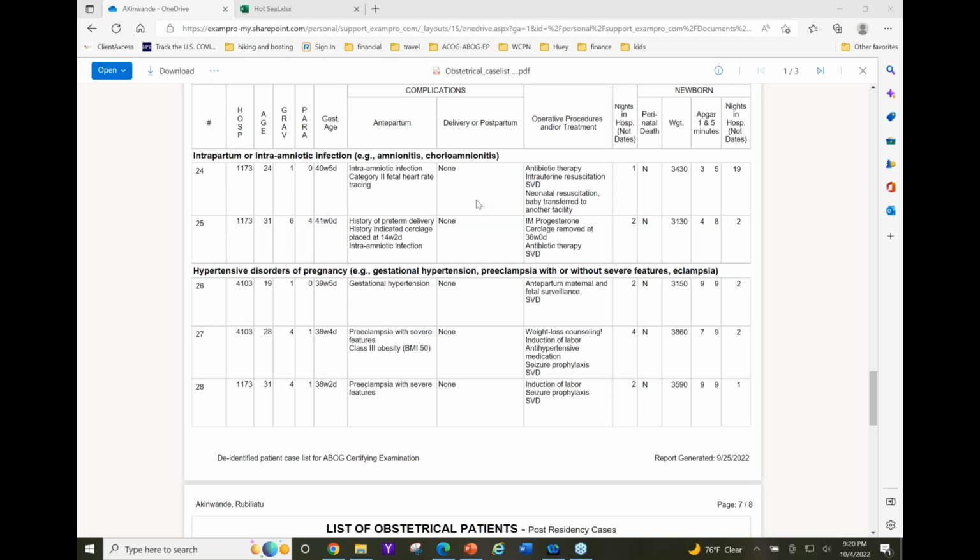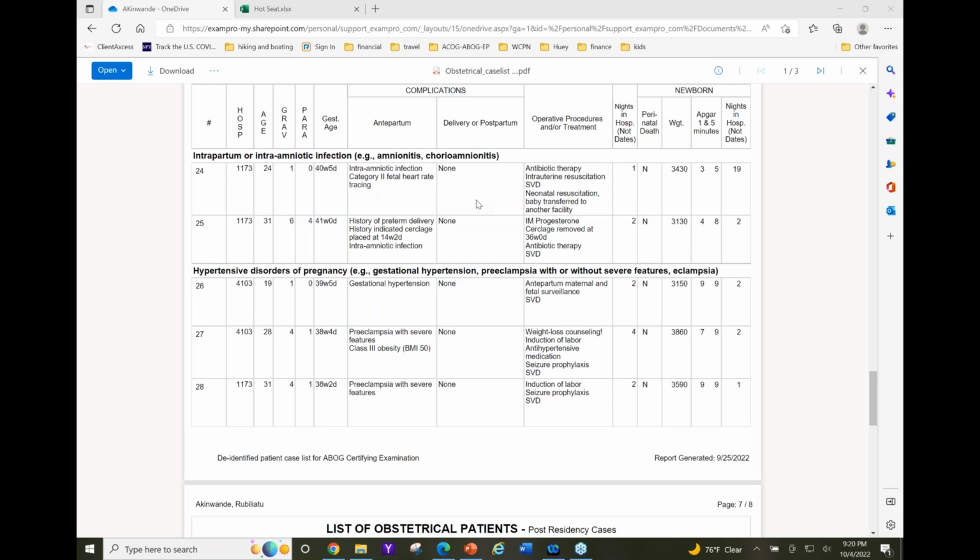What's the other A? I'll come back to the other A. And respiration. What is the other A? I can't think of it, but I know there's one. Oh, no. Appearance, I believe, for color.